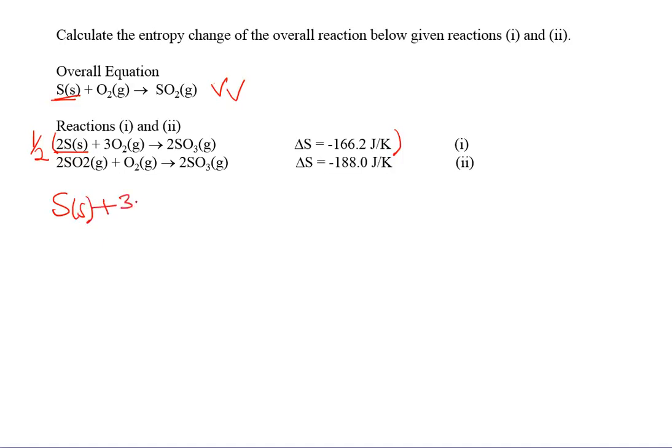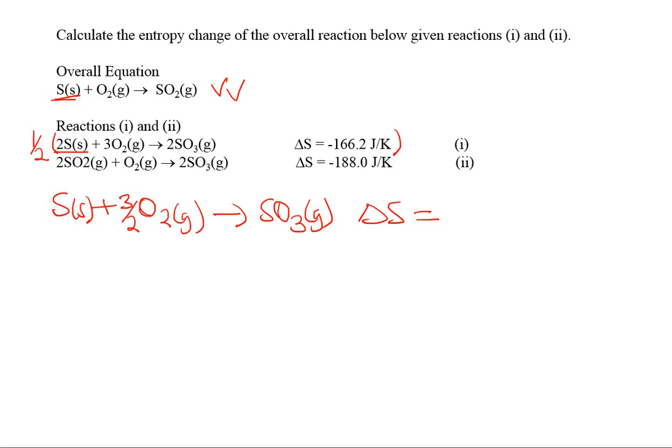So when I multiply by half, I am going to have sulfur S plus 3/2 oxygen gas to give me SO3 gas, and then the delta S will be equal to the one that is given there divided by 2.